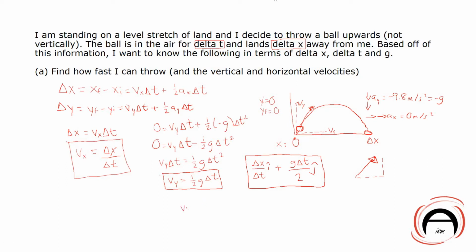So v is equal to the square root of delta x over delta t, both of them squared, plus g squared delta t squared over 4. So right here and right here we have our two answers, one which gives the magnitude and the other which gives it in unit vector form.